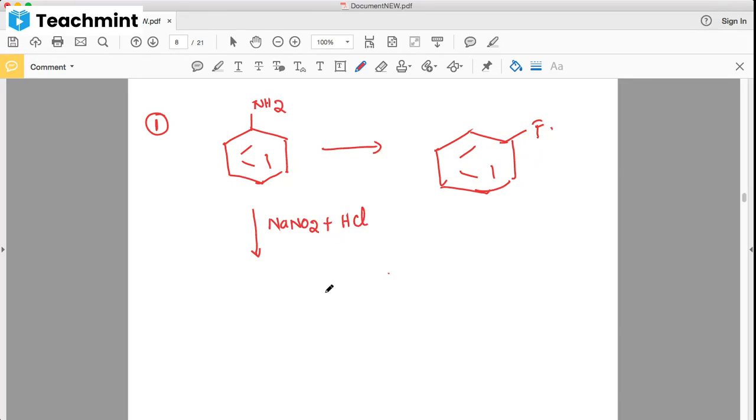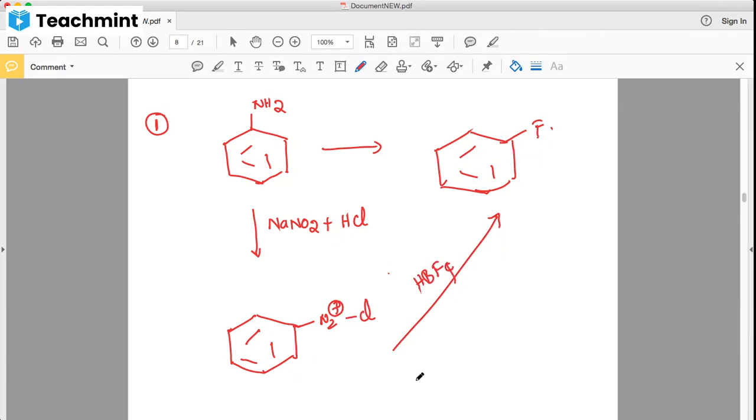The mixture of NaNO2 plus HCl will give you HNO2, and this HNO2 will attack aniline and give you benzene diazonium salt. This benzene diazonium salt will be converted into fluorobenzene by reacting with HBF4, or you can also use calcium fluoride with HF.